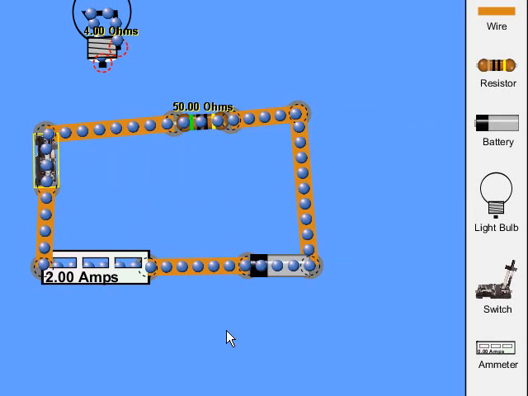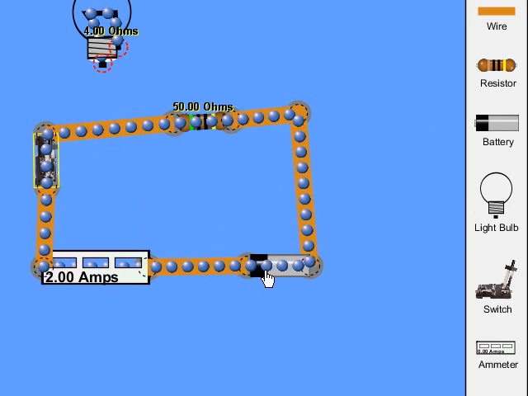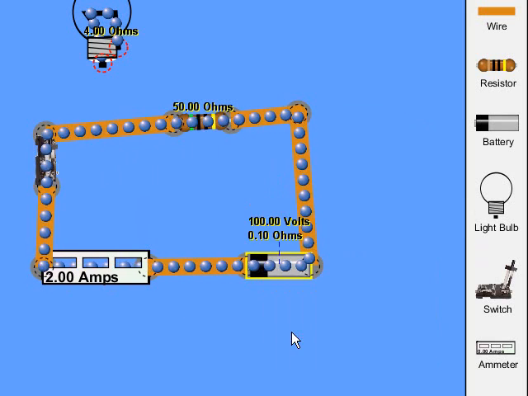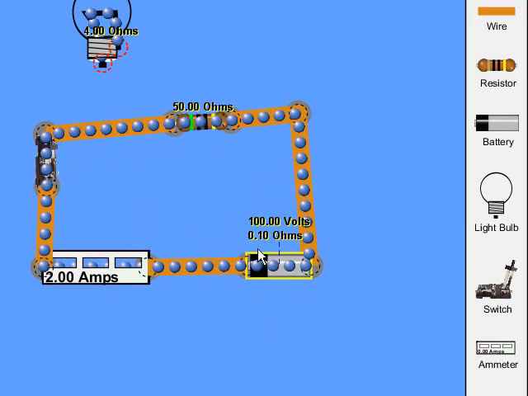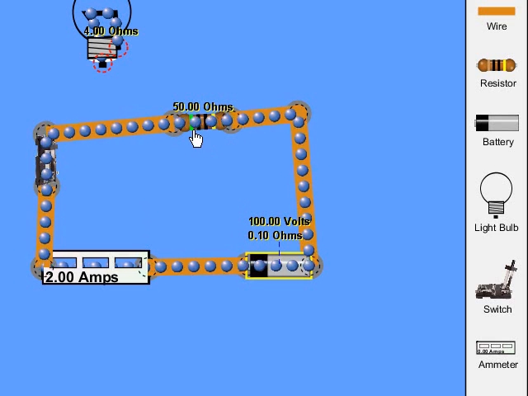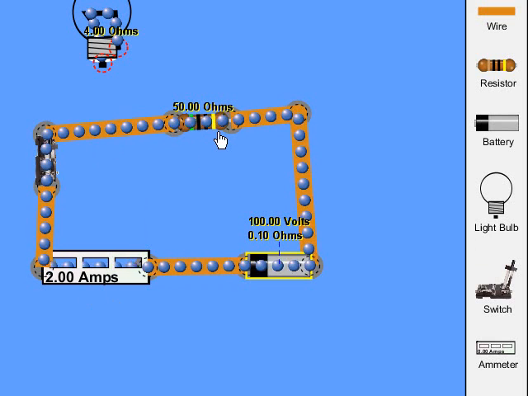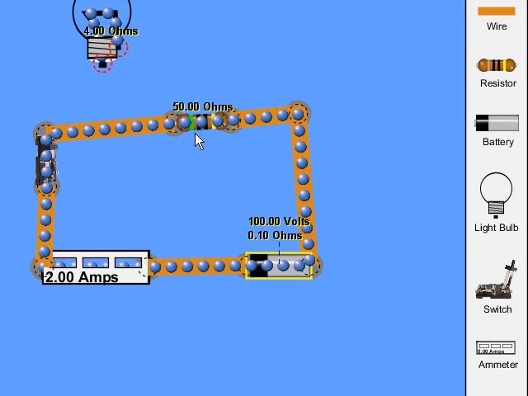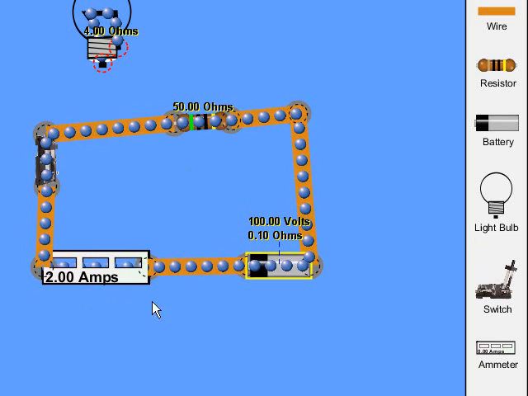And I come up with 2.00 amps, even though the battery has some internal resistance. It's so small compared to this 50 ohm resistor that it really doesn't affect the current. So it's really the resistor that is using up the power. And so, just as calculated before, 100 volts divided by 50 ohms is 2 amps.